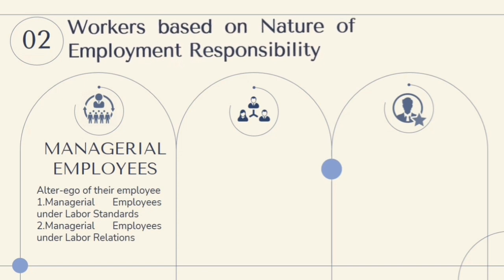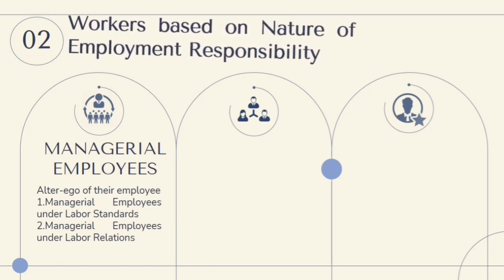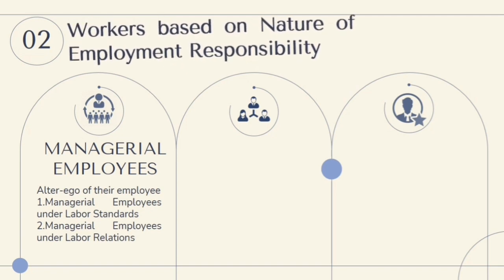Then the second are the managerial employees under labor relations. These are those who execute management policies, transfer, suspend, assign or discipline employees, but they determine if the employees are eligible in joining or forming a union.